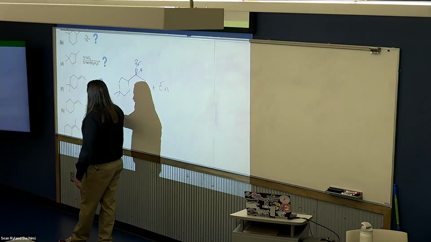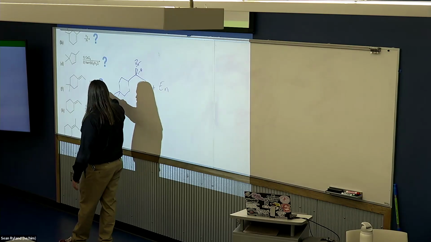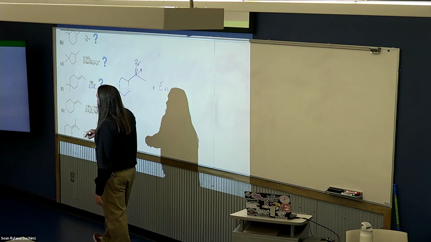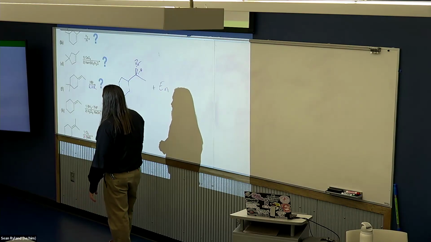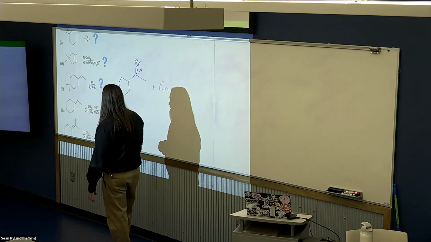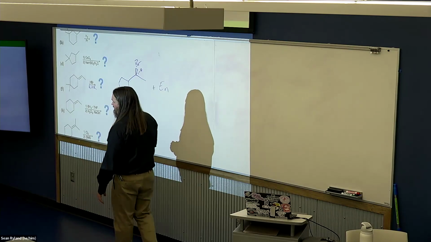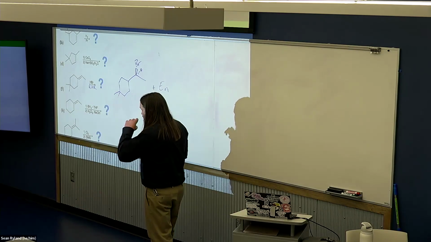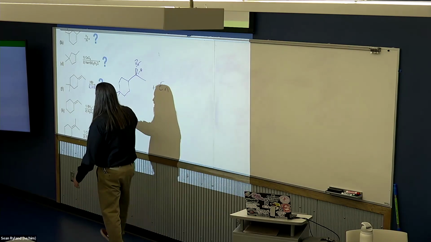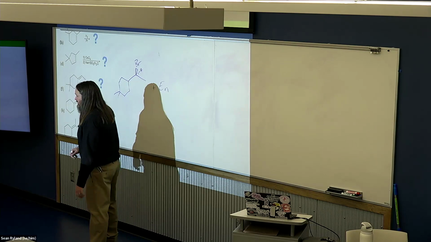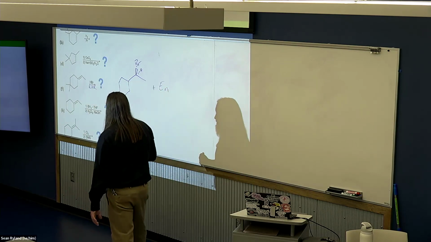Okay. Another hydroboration. Wait, so what is the one that everyone's up for? So that would be the radical hydrobromination, or the anti-Markovnikov hydrobromination. Just adding that little bit of peroxide, a couple drops, it doesn't take much.